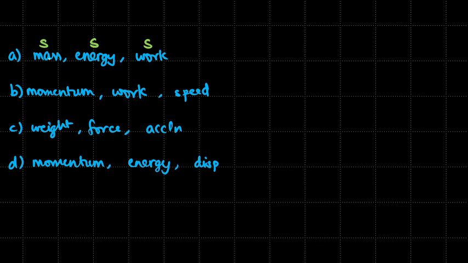Momentum is a vector, work is a scalar, and speed is a scalar. So there are three scalars in A, and two scalars and one vector in B. In the third one, weight is a vector, force is a vector, acceleration is a vector, so there are three vectors.